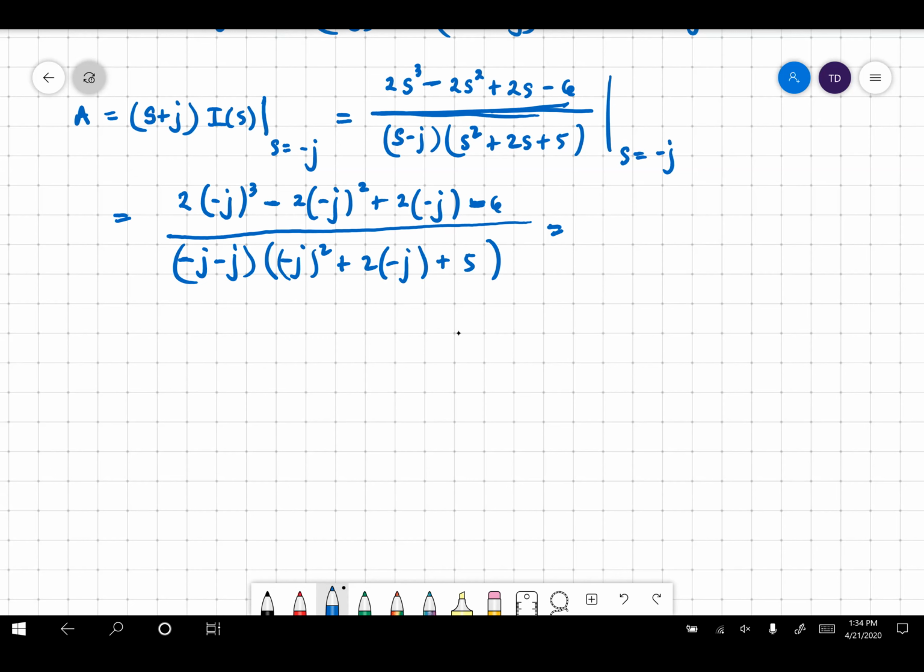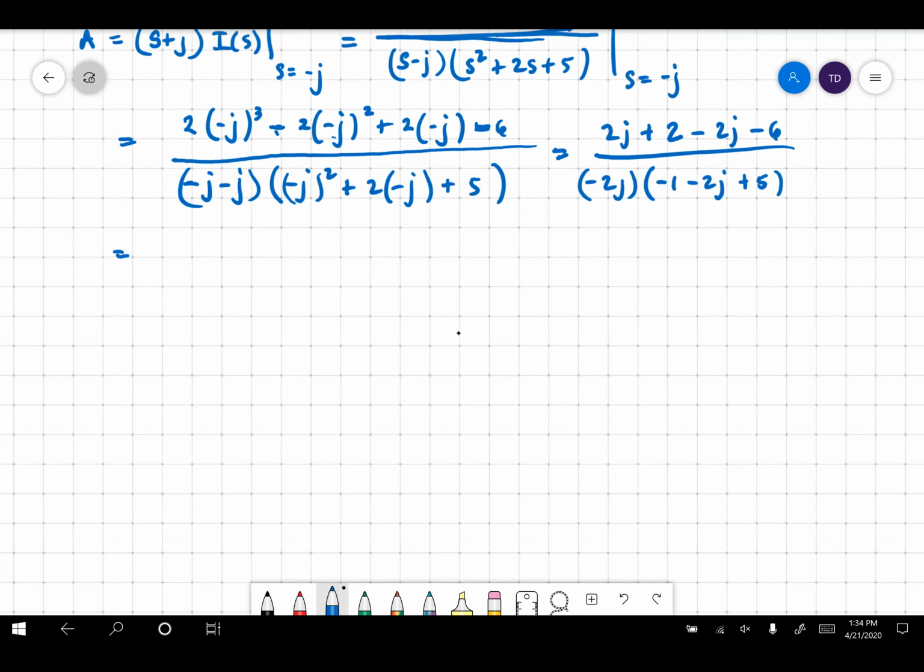Minus J times minus J is minus 1, times another minus J is plus J. So 2J, minus J squared is minus 1, times 2 is minus 2 with a negative in front of it, plus 2, minus 2J minus 6, all divided by minus J minus 2J, minus J squared is negative 1, minus 2J plus 5. Not too bad.